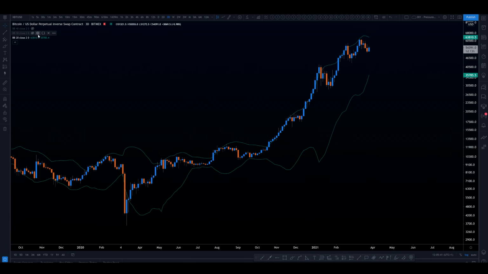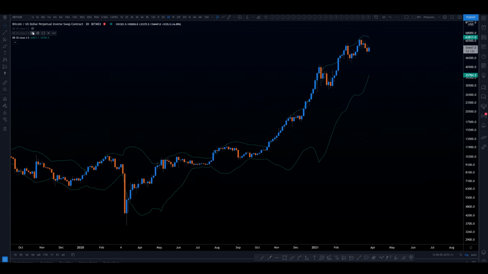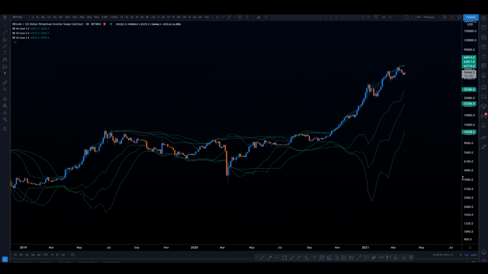You can add multiples of those and increase the length by 10. For example, you use 20, 30, and 40. You have 3 layers of Bollinger Bands. And this looks like this.